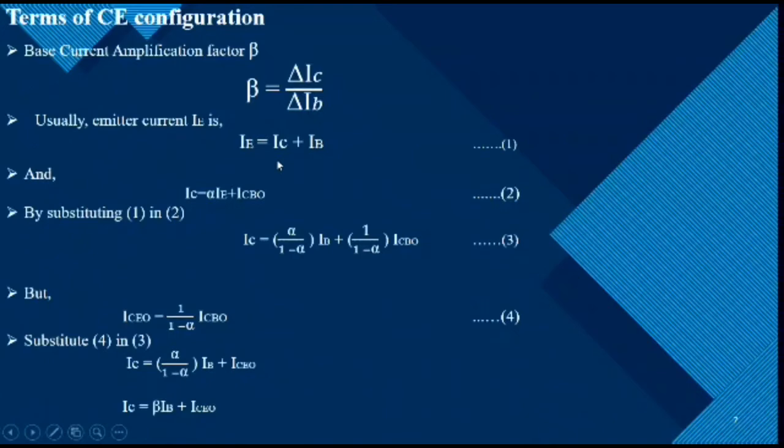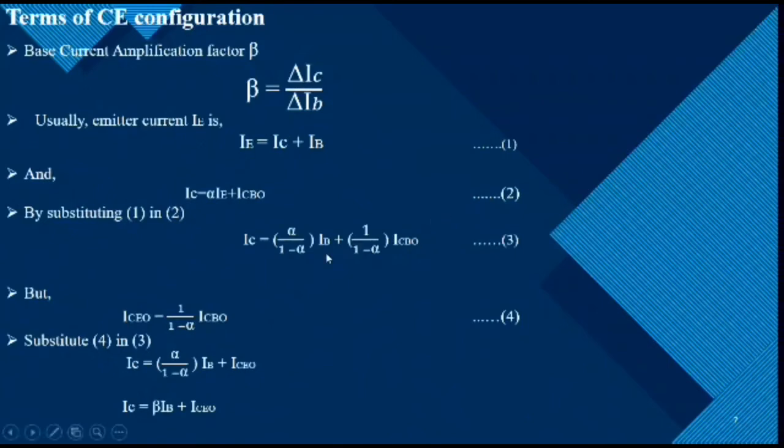Now, by substituting equation 1, that is IE, in equation 2 and simplifying that equation, we get IC is equal to alpha divided by 1 minus alpha into IB plus 1 by 1 minus alpha into ICBO. This derivation we have seen in the CB configuration.